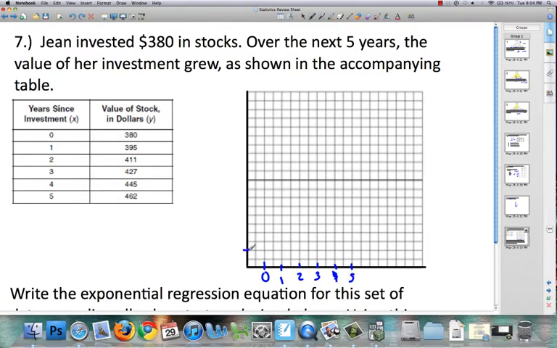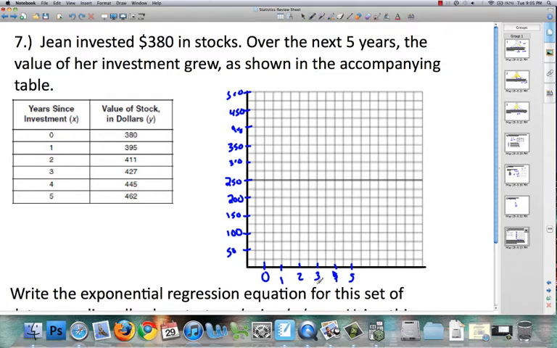And I'll go up by 50, 50, 100, 150, and 500.